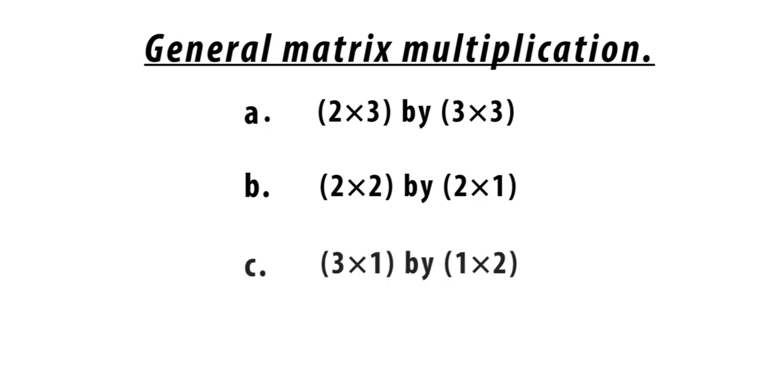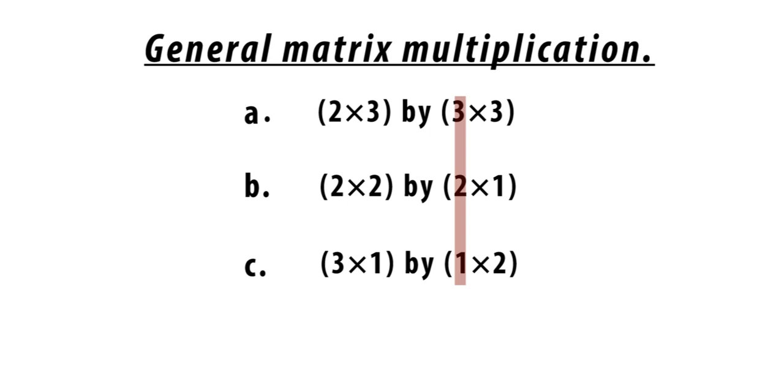And C, a 3 by 1 matrix can be multiplied by a 1 by 2 matrix. That is when we take the order into consideration, and many more. This is because the number of columns in the first matrix is equal to the number of rows in the second matrix in each case.